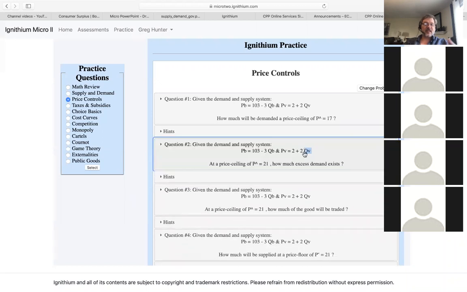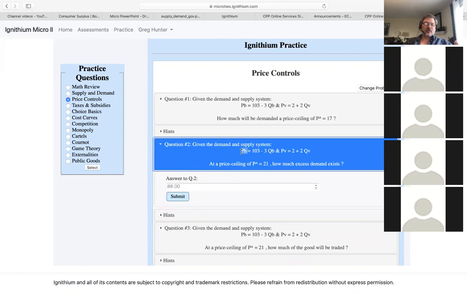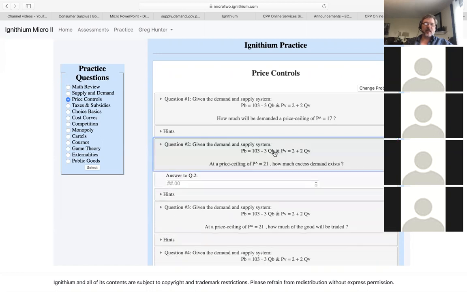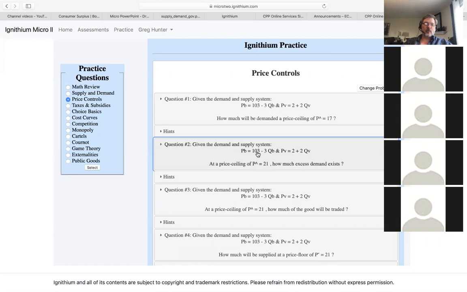So you have to, again, do a little bit of algebra. What you did here is you had 21 equal to 103 minus 3Q. So your resulting quantity demanded would have been (103 minus 21) divided by 3.